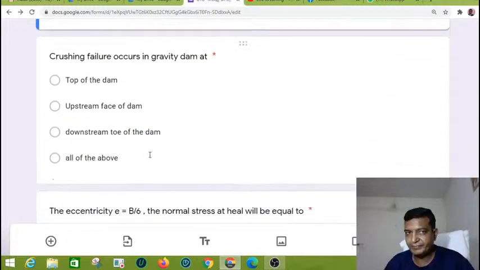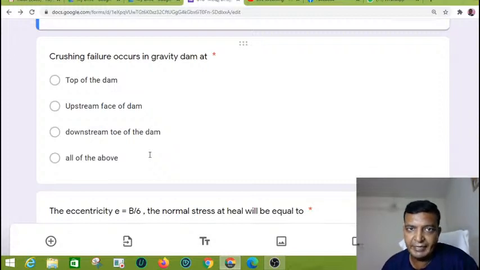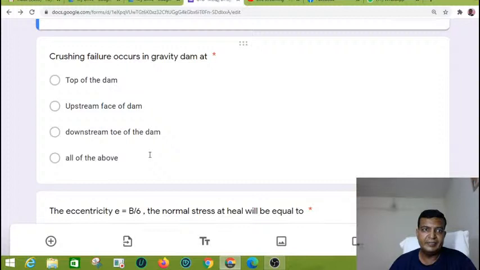Next, crushing failure occurs in gravity dam at top of the dam. Not possible. Upstream face of the dam, not possible. Downstream toe of the dam, we have to think for that.